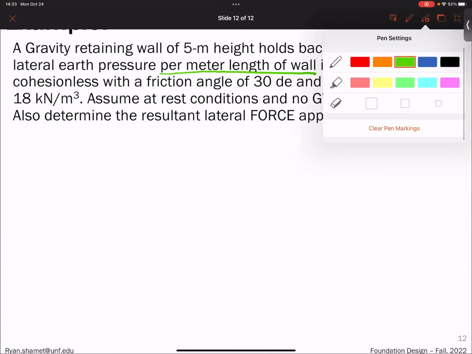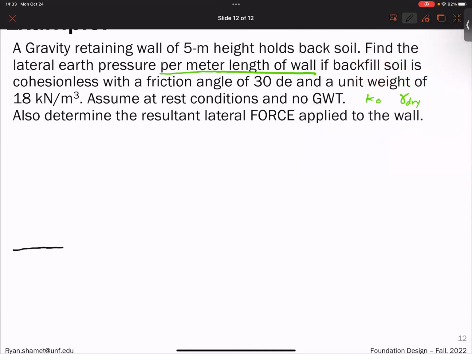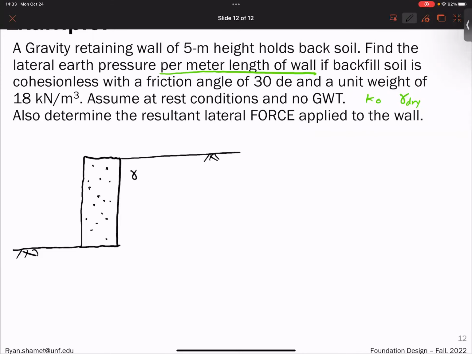So how we would draw this, we'll draw our little wall. A gravity wall is just a big old block, usually made of concrete. We know that the unit weight is 18 kilonewtons per cubic meter, our phi angle is 30 degrees, and our cohesion is 0.